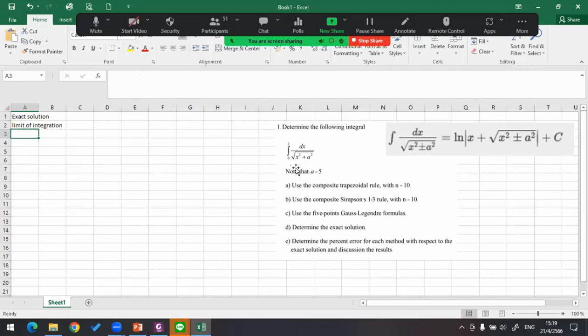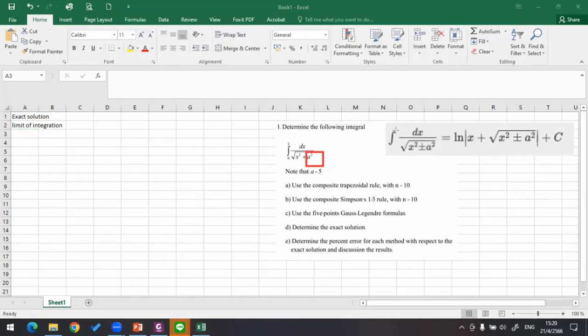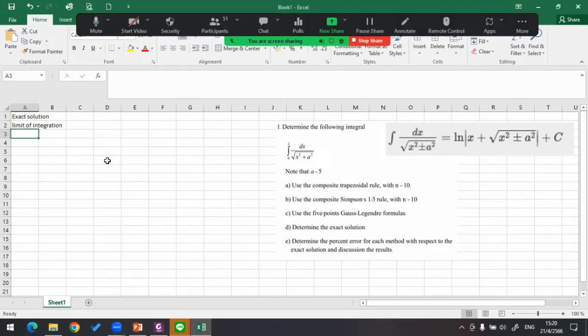The a in the problem is this constant here, but a and b here are the limits of integration. Now the limit of integration is from a equal to 0, and b is equal to 2, right?